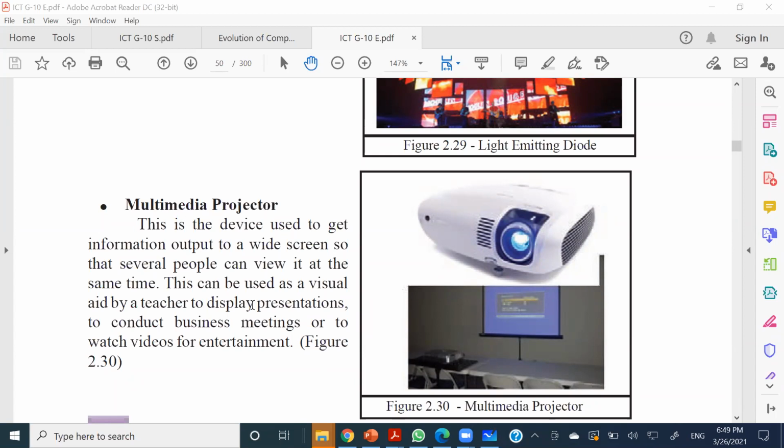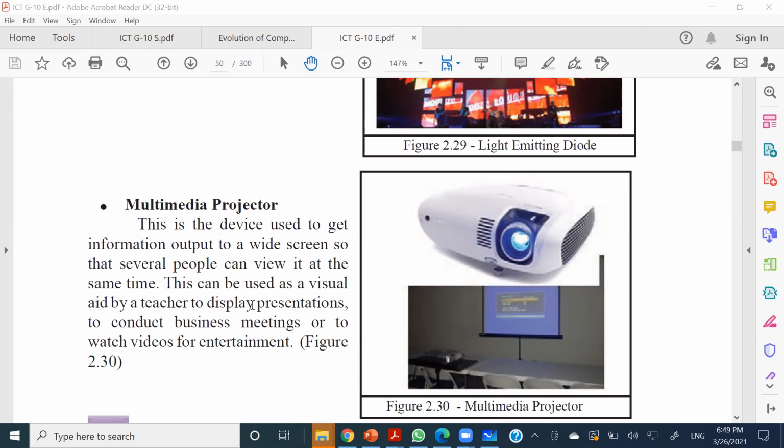But generally, when we are using a projector, we prefer a darker room, or a room with less light, so we can see things much more clearly when it is being projected onto a projector screen or a white wall, right?